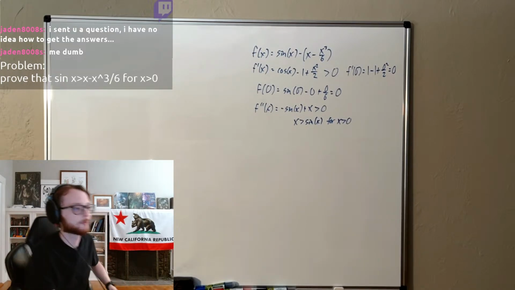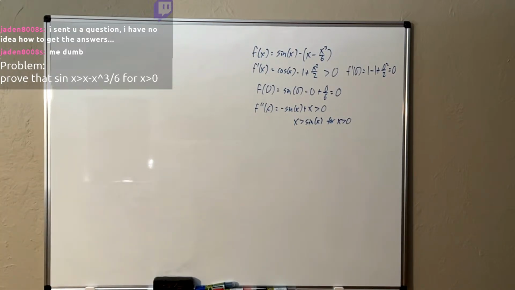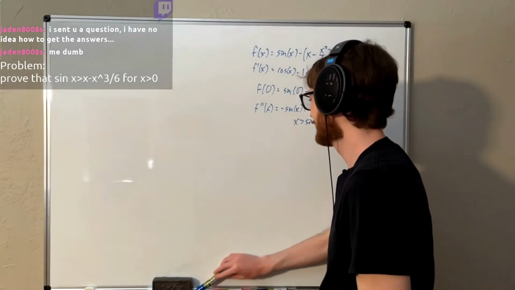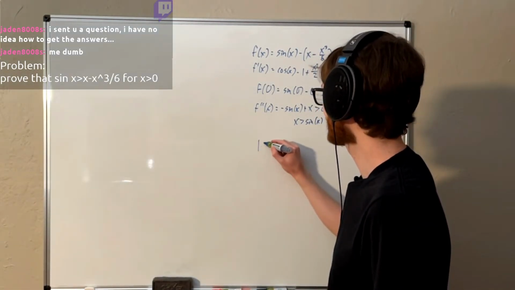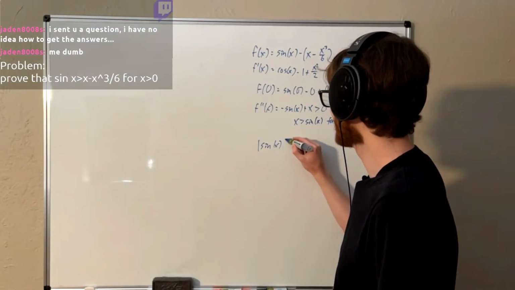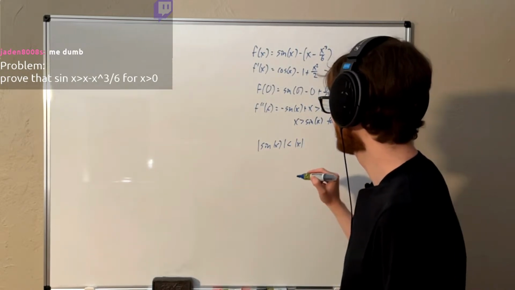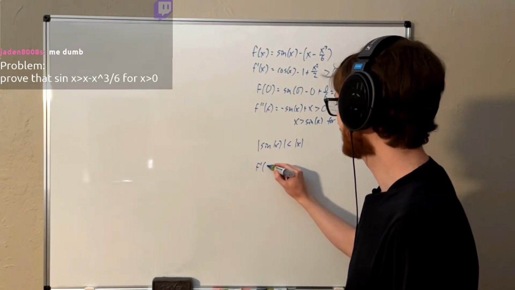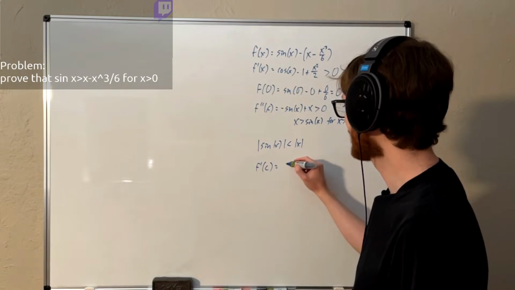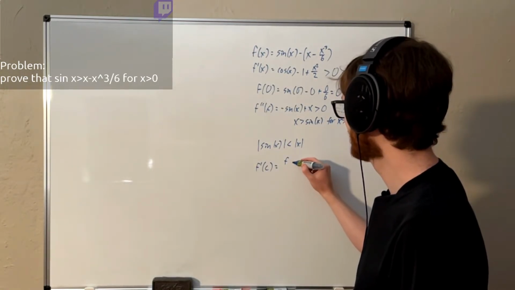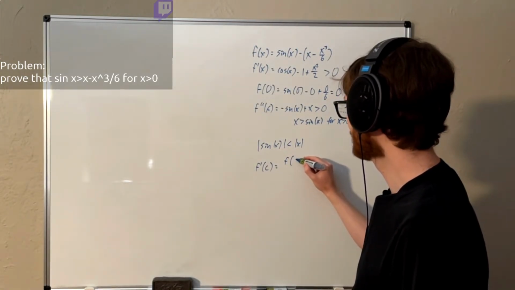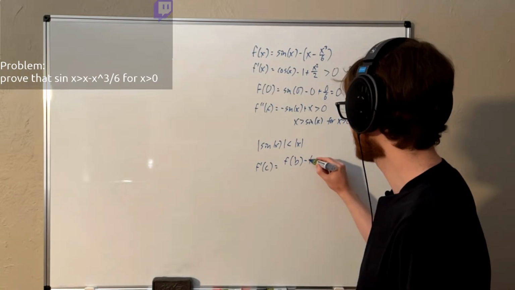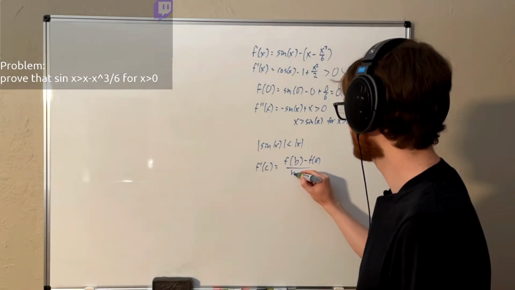So the mean value theorem, just copy down what Zone is saying. The mean value theorem says that there exists a c such that f prime of c is equal to f of b minus f of a over b minus a.